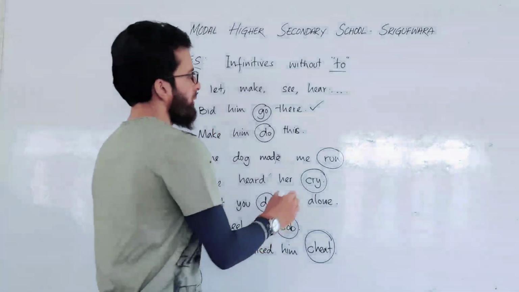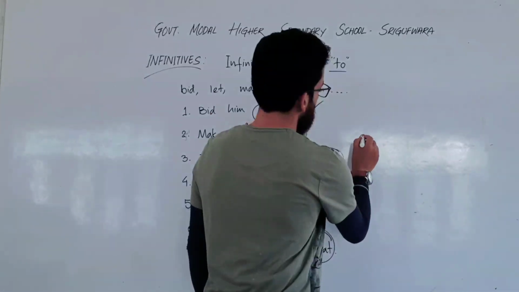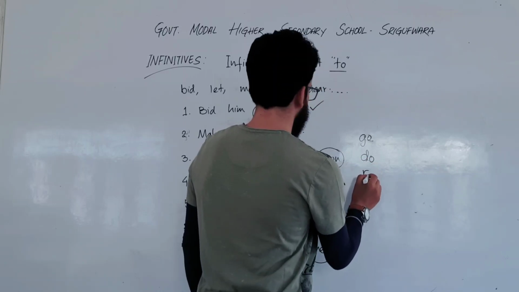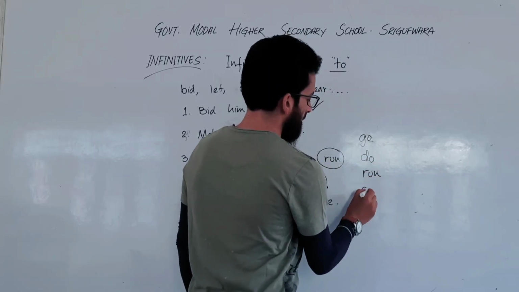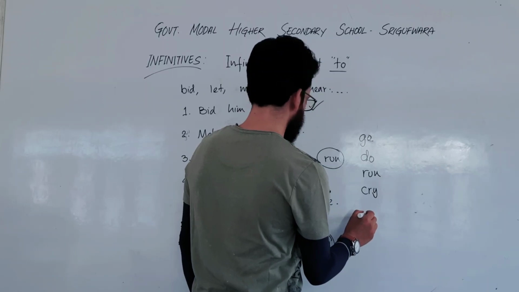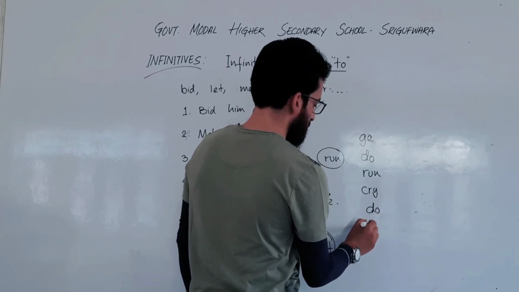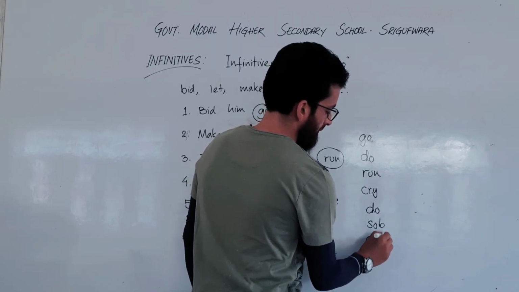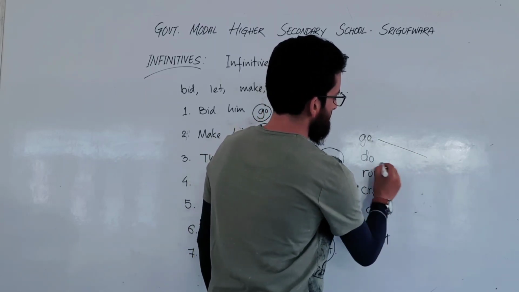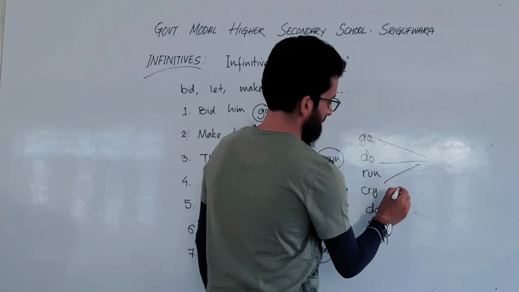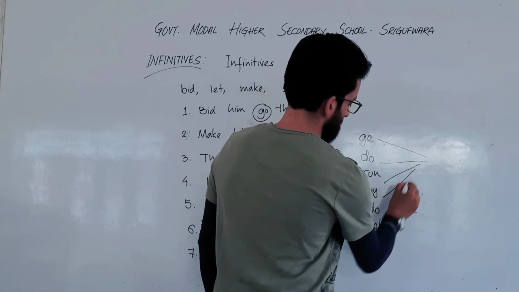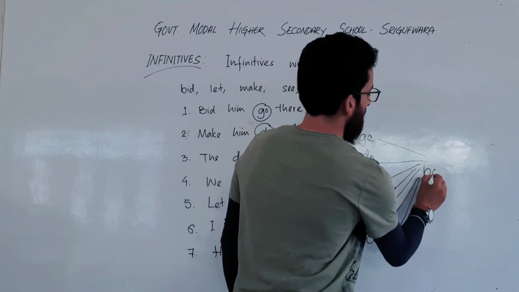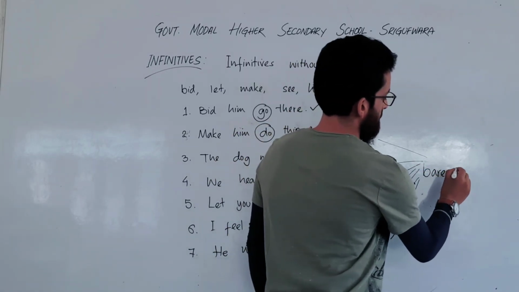We have go, do, run, cry, do again, sob, and cheat. All these we call bare infinitives.